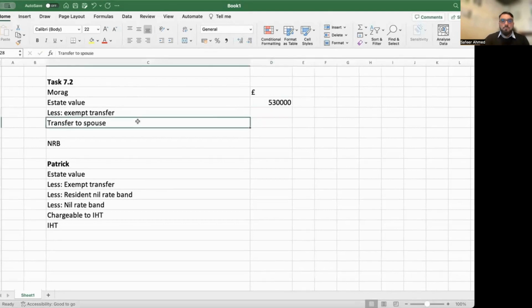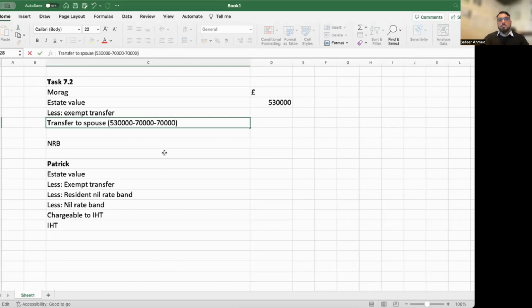If you look at the information, they told you that from 530,000, she has transferred 70,000 to each of their children. Which means 70,000 plus 70,000, that's 140,000. So in other words, minus 70,000 minus 70,000.